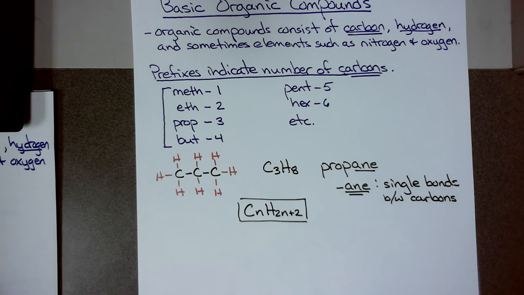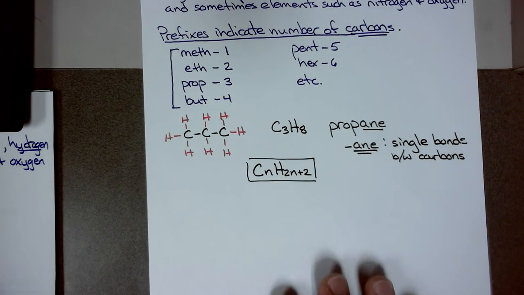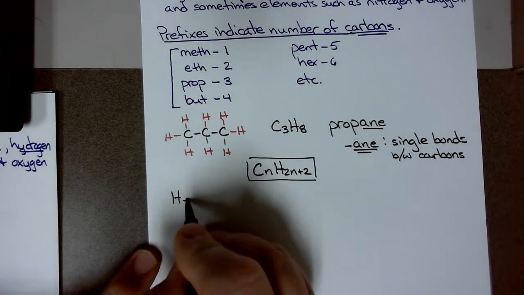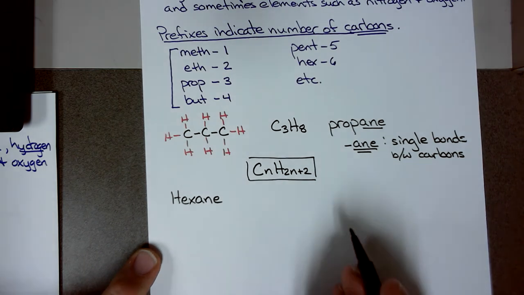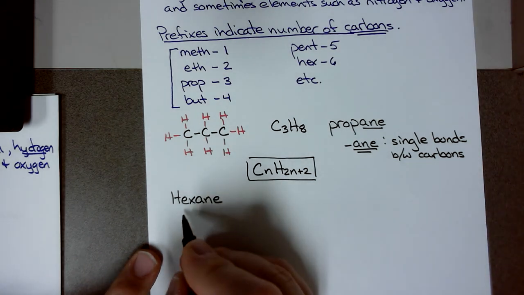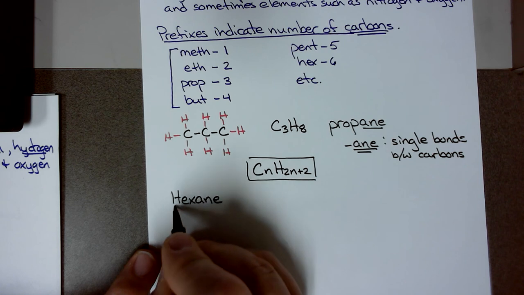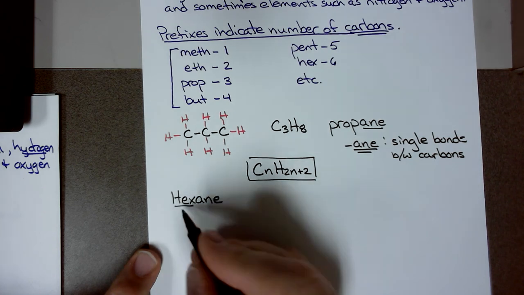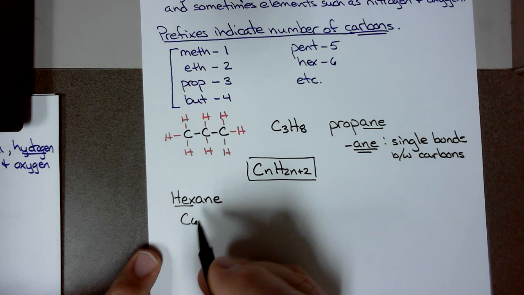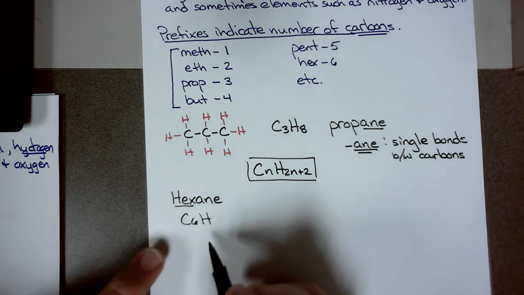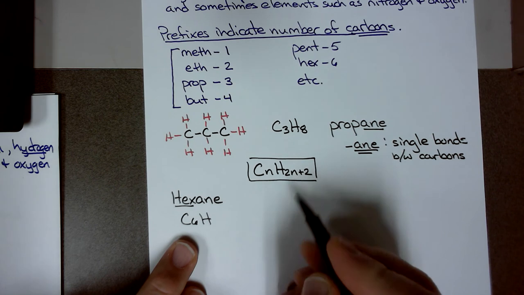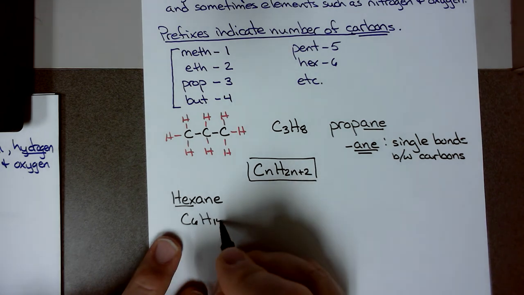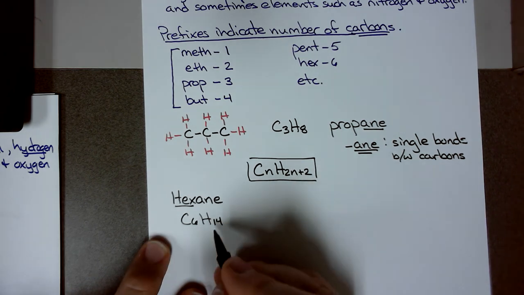So if I have hexane, let's look at hexane. Now hexane, that means we have C6, because of the hex, so that's C6, and then how many hydrogens would I need? Well, 2 times 6 is 12 plus 2 is 14, so that'd be C6H14. That would be hexane.